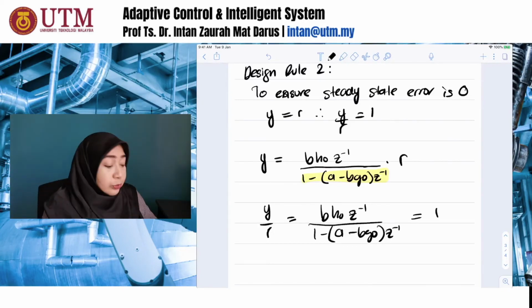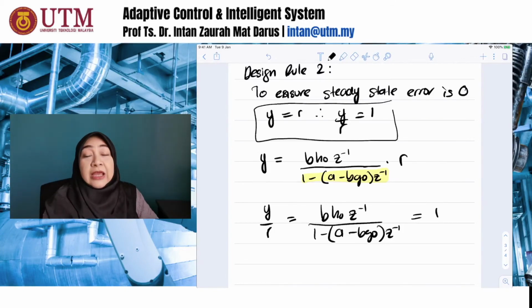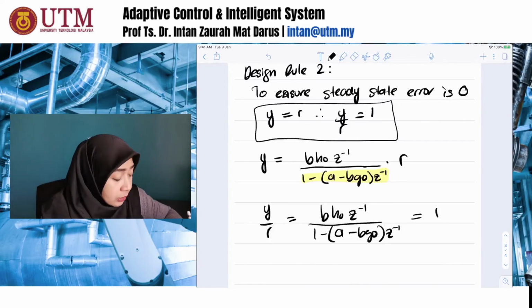Because of the definition of steady state error. You have to remember that when we want to measure the steady state error, if it's in the time domain, of course we want to measure it when time is approaching infinity. In the Laplace domain S, we want to do it when S is approaching 0. And in the Z domain, it is happening when Z is approaching 1. That's what you have to remember.